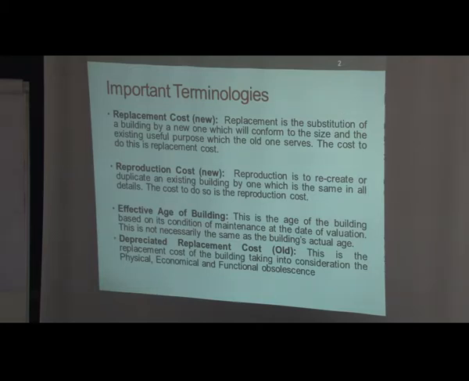Effective age, that is the age of the building based on its maintenance condition. And then depreciated replacement cost, this is used for old buildings. That is the replacement cost less depreciation based on its maintenance condition. And to calculate the depreciation, you use the effective age of that building.